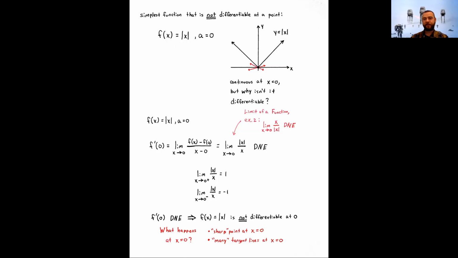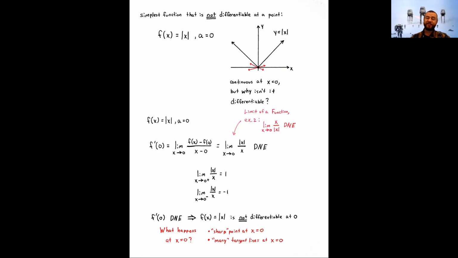The left side of the graph, that's y equals -x. What's the slope of the line with the equation y equals -x? Think y equals mx plus b. The slope of the line on the left, y equals -x, that has slope -1.